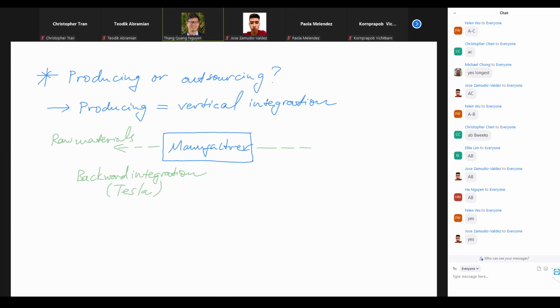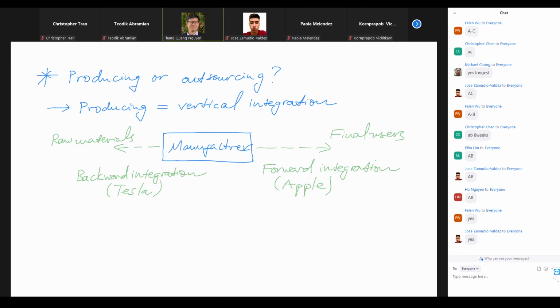Or some companies, they also do it in the forward way, so towards the final users. We call this a forward integration. Right. For example, Apple. They manufacture the devices, and normally other companies will distribute that for them and sell that for them, right?